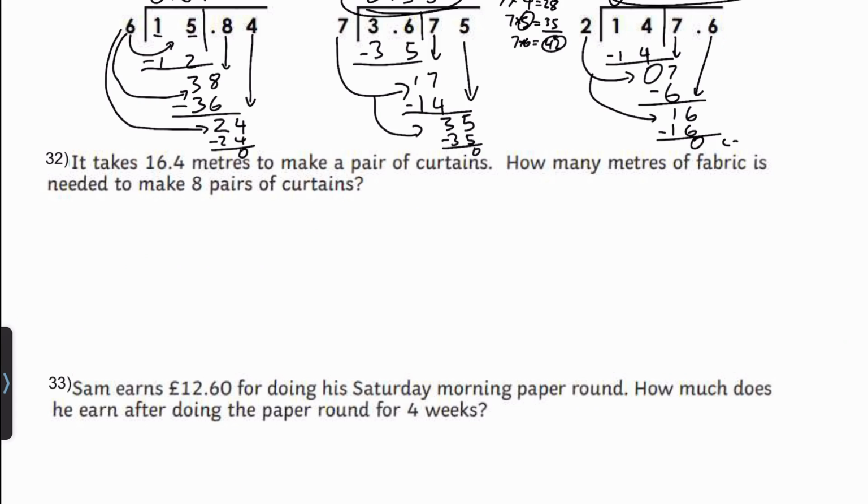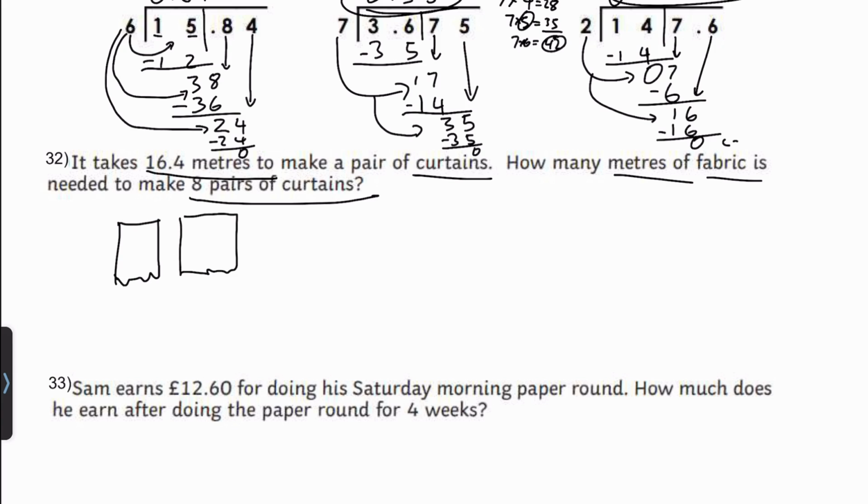Okay, it takes 16.4 meters to make a pair of curtains. How many meters of fabric is needed to make 8 pairs of curtains? So if we imagine 2 curtains take 16.4 meters to make this, and then we need 8 more of these, right?